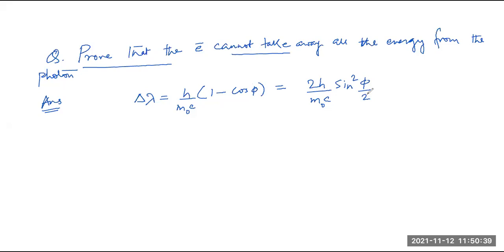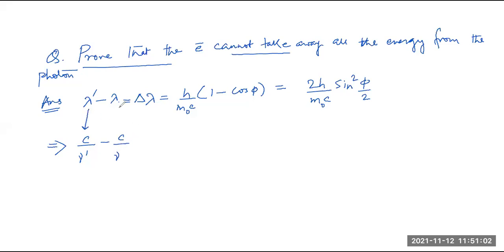And this is nothing but lambda prime minus lambda. Is it okay? Yes, sir. So what is lambda prime? I can write this as c by nu prime minus c by nu.